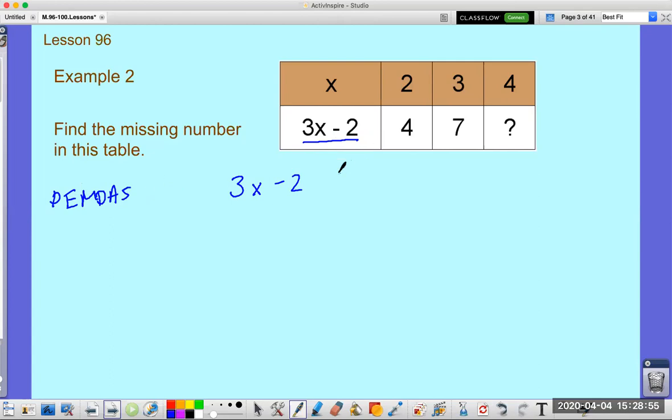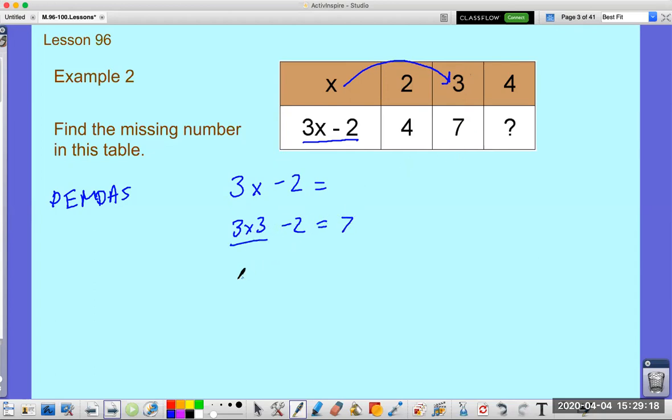In this case, you need to look at what it would be if you were to plug in a value. If you did 3 times 2, that's 6 minus 2 makes 4. If the value of x was 3, that would be 3 times 3 minus 2, which equals 9 minus 2, that equals 7.